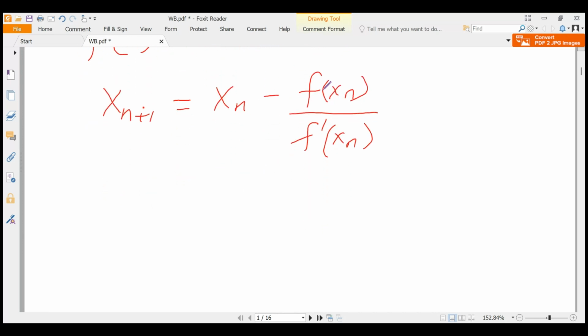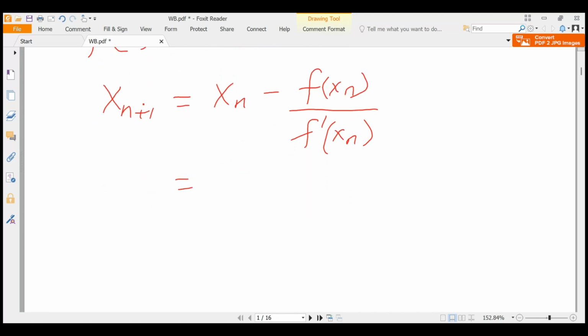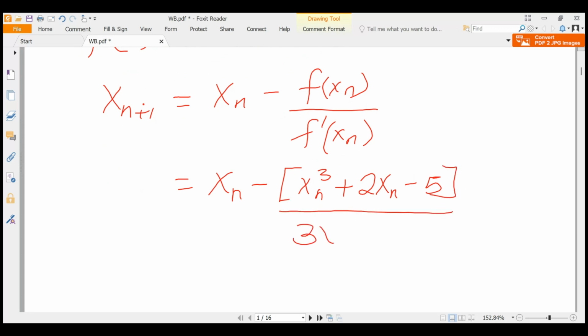So in this case, we get x_{n+1} equals x_n minus (x_n cubed plus 2x_n minus 5) divided by 3x_n squared plus 2.